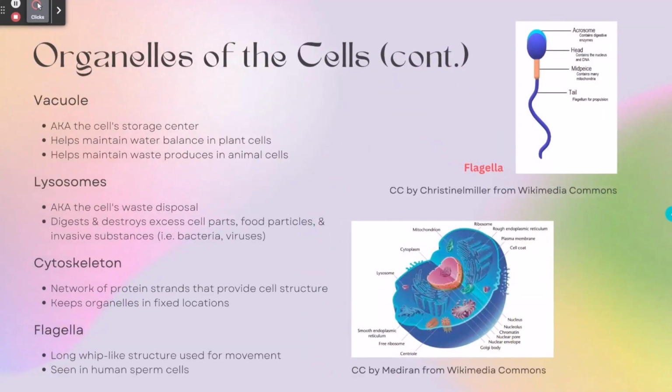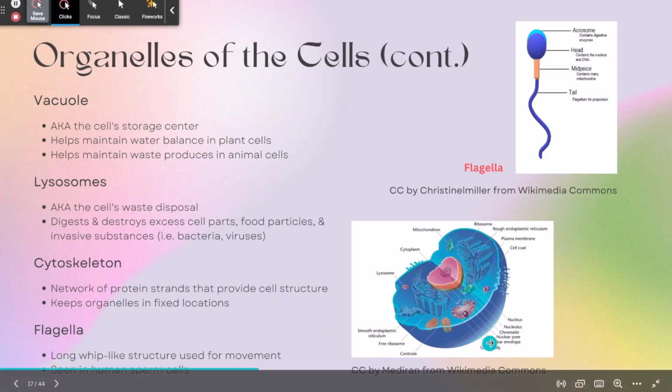So lastly, this is the last couple organelles that we have here that are seen in both types of cells. So we have here the vacuole, which I believe, okay.